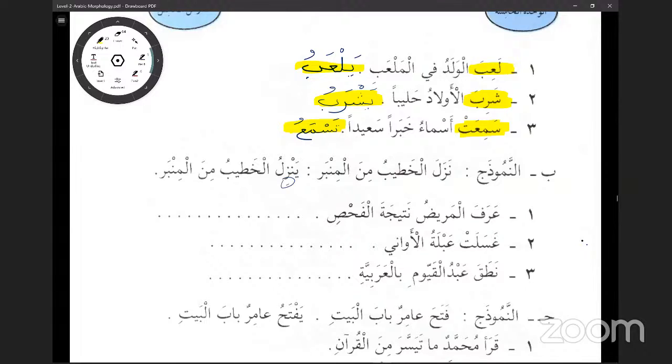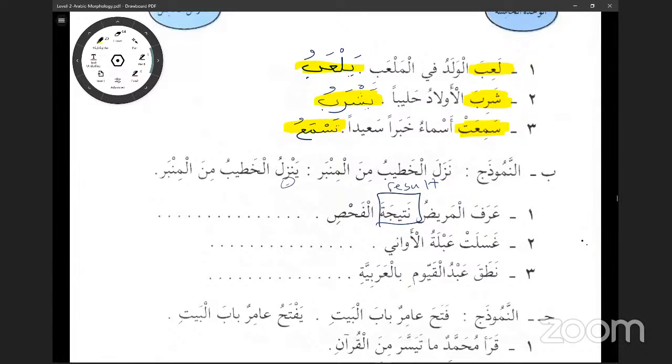So the patient knew or found out the result of the exam. Result of the exam, very good. Natija is result. This word, natija, means result. And al-fahs, we covered that, the exam.